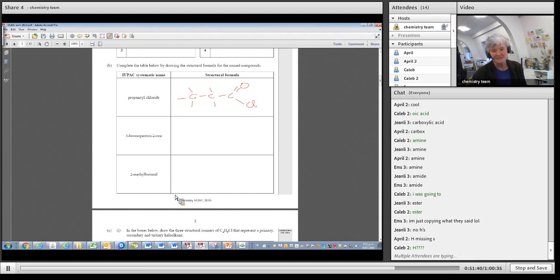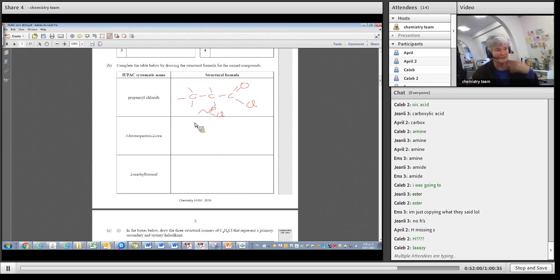No H's. They are very insistent that you have to have H's. When you get to university, all you have to do is do that, and it would be totally accepted because every junction is a carbon. It's what we call the skeleton equation for an organic compound.